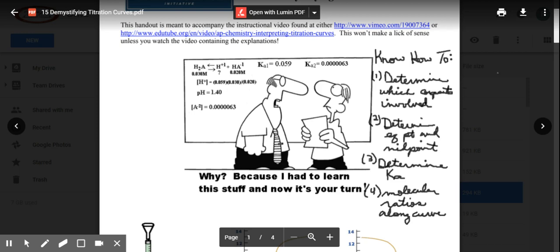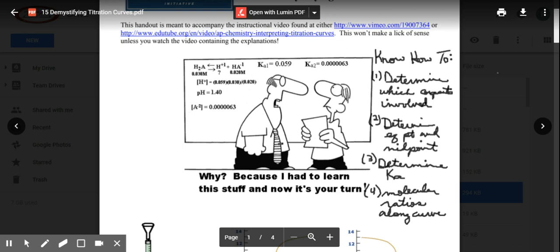So what I have written out here first is things that you will have to know how to do. This is a scenario in which you will be given a titration curve and you have to pick it apart, decipher some things from it. The very first thing is determine which components are involved.